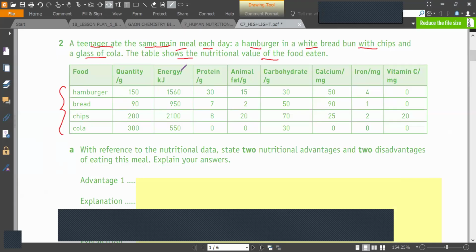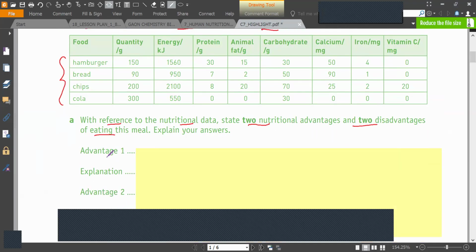With reference to the nutritional data, state two nutritional advantages and two disadvantages of eating this meal. So what can we say about this meal? What is good about it and then what is not good about it? We can think about that.